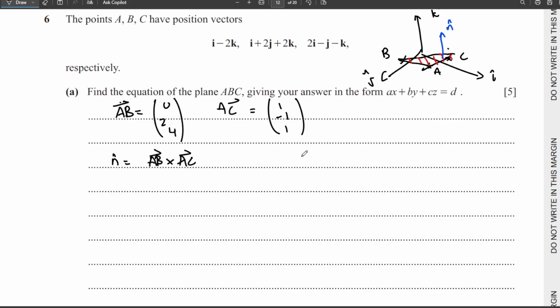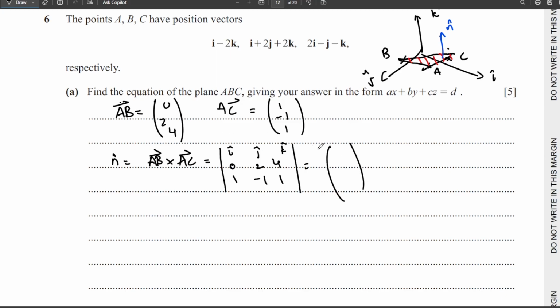The cross product gives you a normal vector in that direction. I'll use the determinant method. I think there's another method with i, j, k, but I'm not sure how to do that one, so I'll usually use the determinant method. So 0, 2, 4, 1, -1, 1.